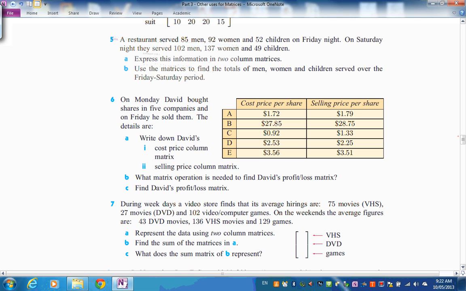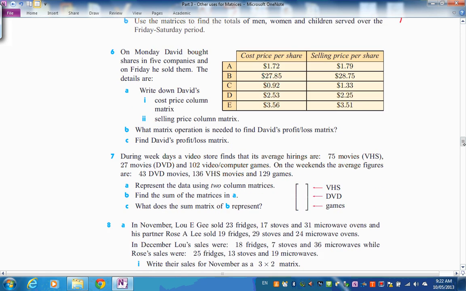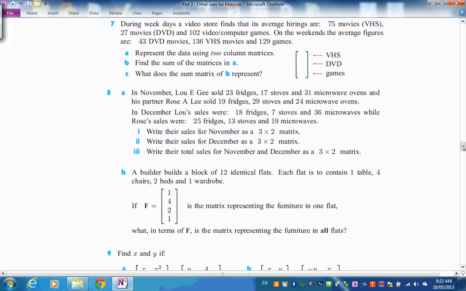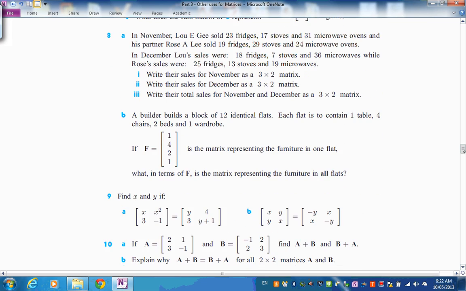And we're doing a bit of matricizing here. All right, 2-column matrices and so on. And then we'll go down to 8 and 9. I think it's pretty important to do most of these.